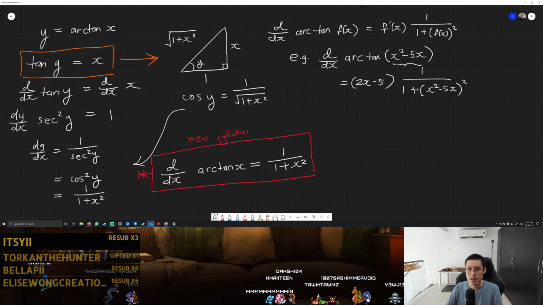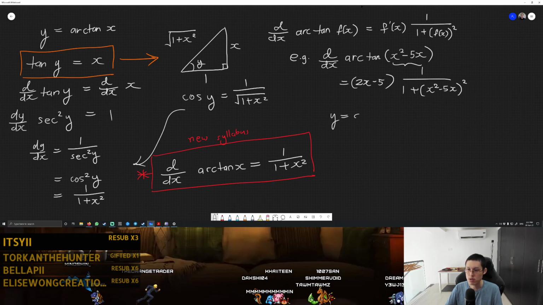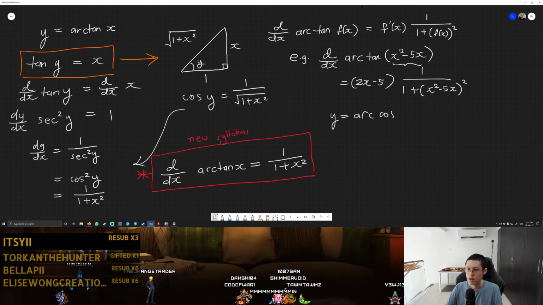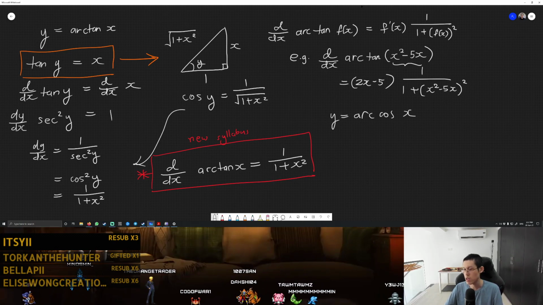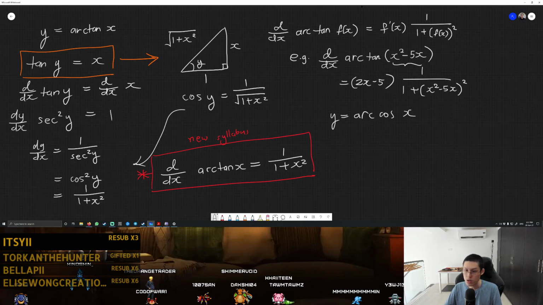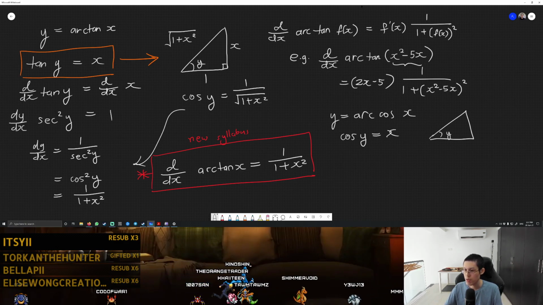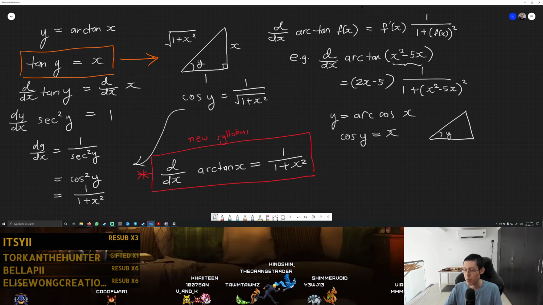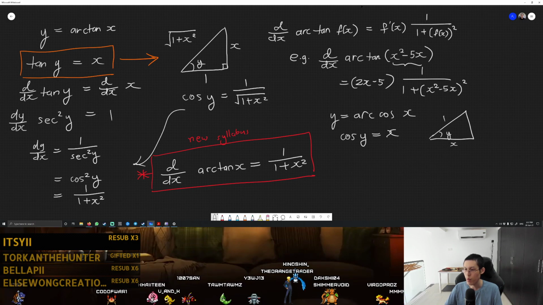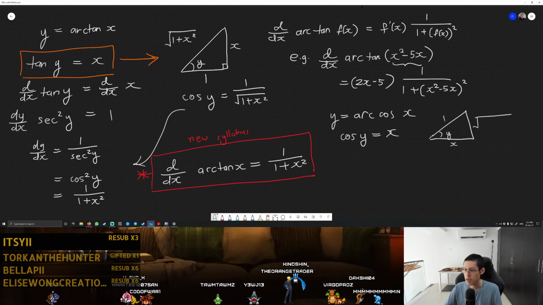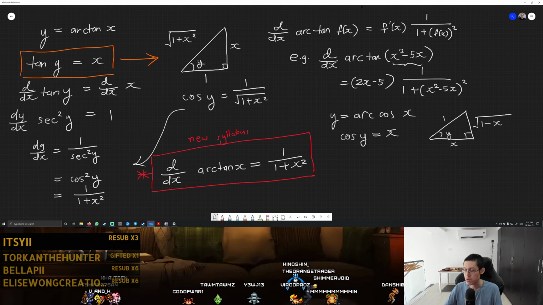So let's say they give you y equals arc cos x, and you want to differentiate this. You start by moving arc to the other side and then you can draw the triangle again. Adjacent over hypotenuse, the ratio must be x, so this should be x, this should be 1, which means this side should be square root of 1 minus x squared.